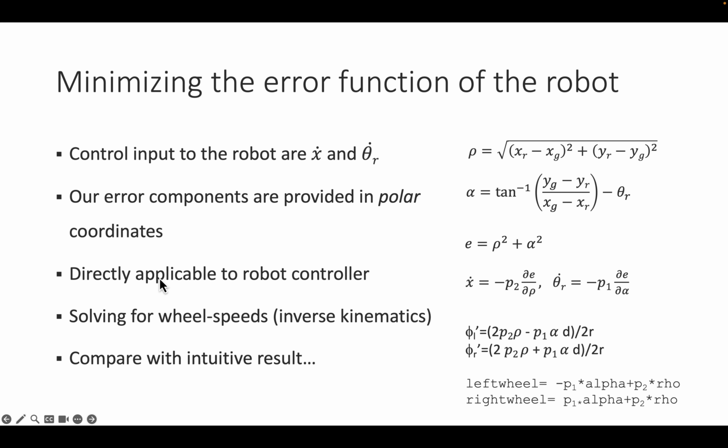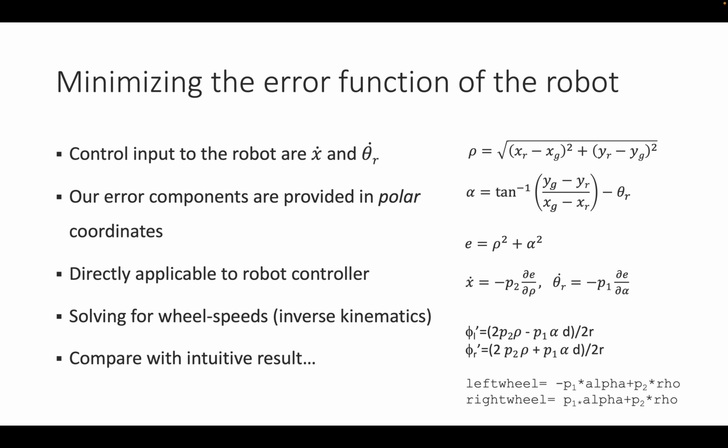Now let's go back to the error function that we are truly interested in minimizing, which is the error of the robot. We have been introducing a polar coordinate frame error, rho, which was the distance, and alpha, which has been the angle. Now let's introduce a quadratic error term like E equals rho squared plus alpha squared and try to find the minimum.